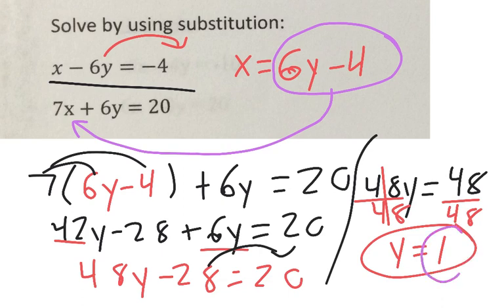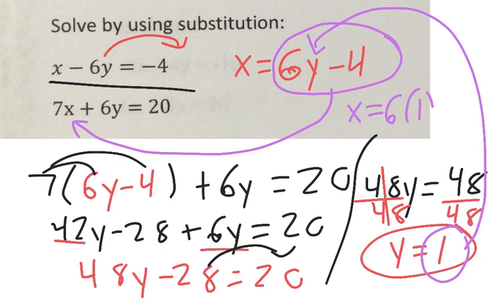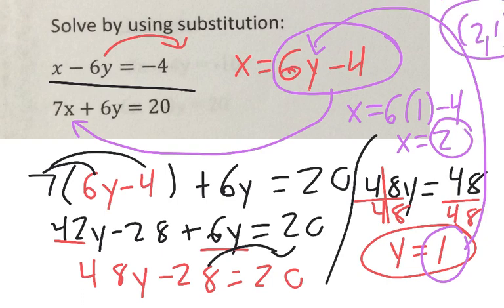I'm going to take this and plug it into any of the original equations. I would always choose this one, where I've already isolated for x. So I can plug in y there. So that tells me x equals 6 times 1 minus 4, which means x is 6 minus 4, which is 2. So the ordered pair where these intersect is at 2, 1.